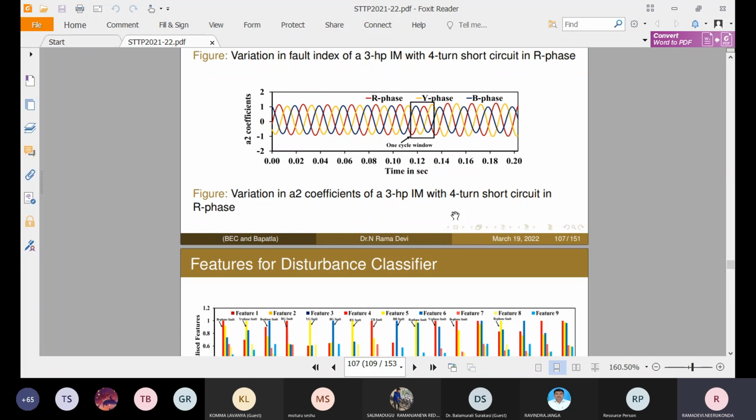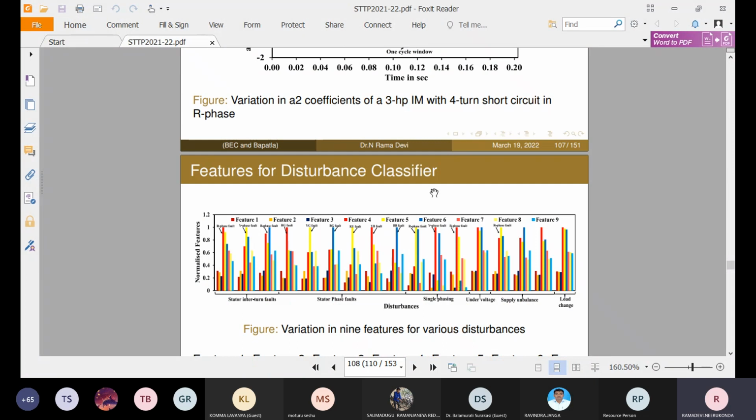That identification needs a classifier. Here we use the disturbance classifier as an ANN. Whenever we take any classifier, it needs features. Based on the features information only, the classifier will give the classification.